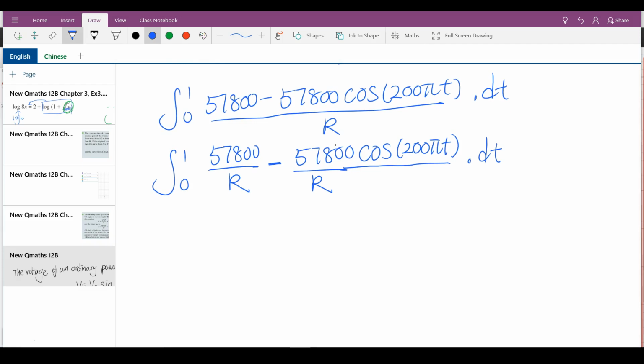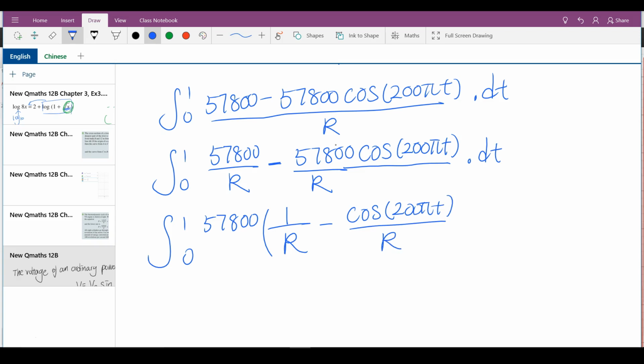I separated the denominator, breaking it into two fractions. And then I'm going to take the common factor out of it. Oh no, my bad here. The common factor is actually the whole thing. It's actually 500 over r.